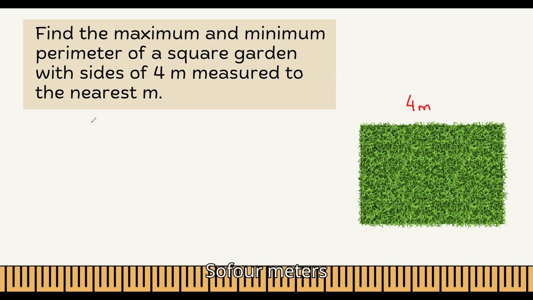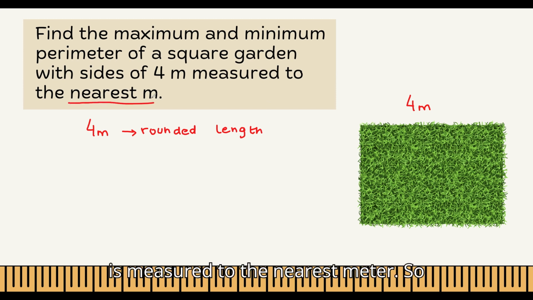So 4 meters is my rounded length, and it is measured to the nearest meter. So again, when it says nearest meter and it does not have any value, that means it's 1 meter.